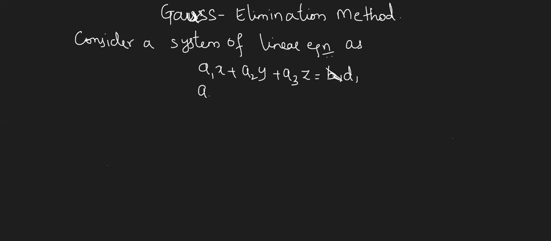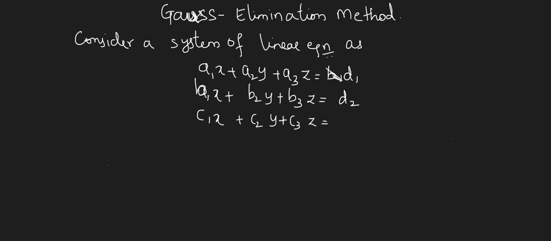Similarly, b1x plus b2y plus b3z equal to d2, and c1x plus c2y plus c3z equal to d3. Suppose we have this system of equations.